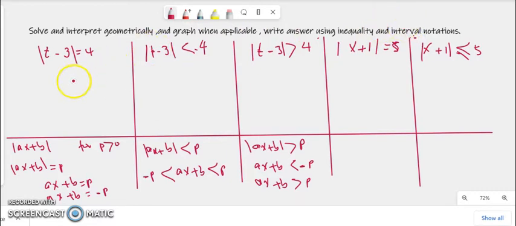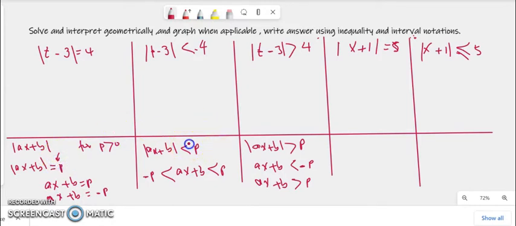All right, so we have the inequality theorem here. There are three theorems. The absolute value of ax plus b equal to p, when p is greater than 0, means ax plus b equals p, and ax plus b equals negative p. This is for the equal sign.